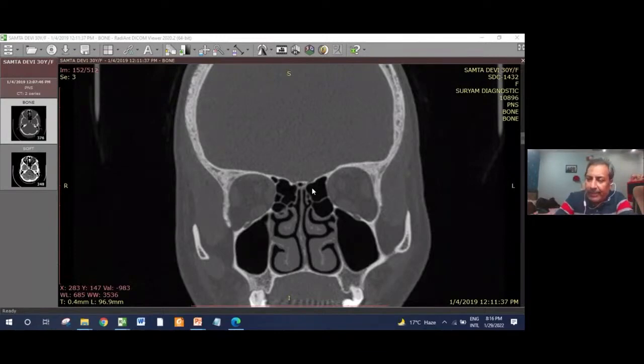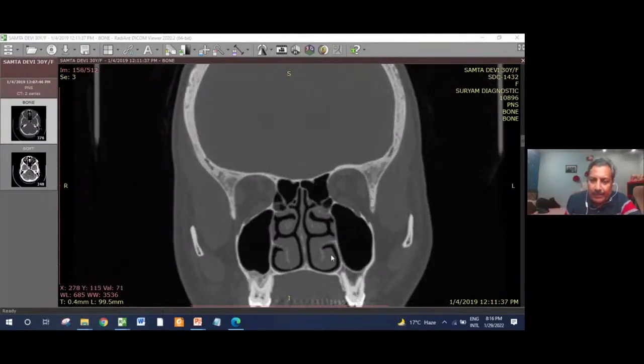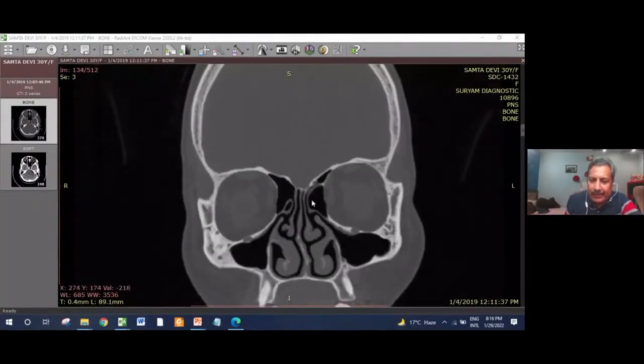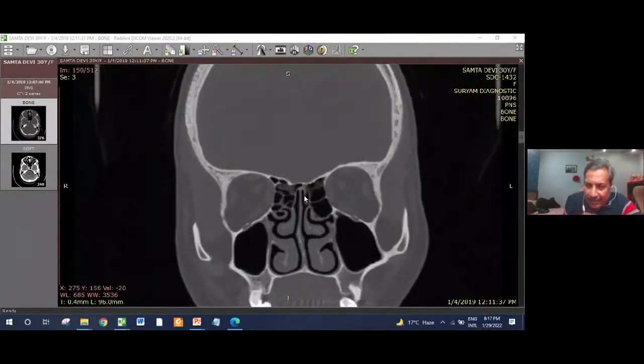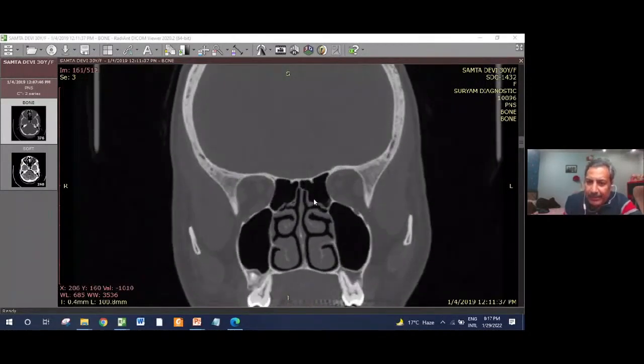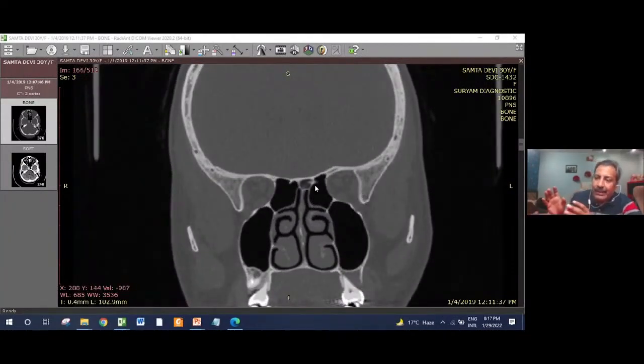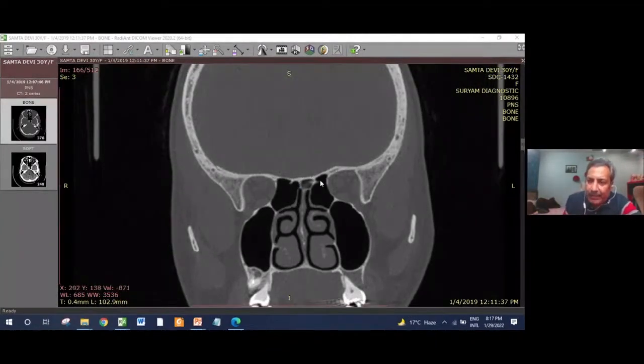I've been fortunate to have attended his course, his private teachings even in Singapore, and that has made things much better. So this kind of teaching, dealing with each and every structure, so minute, some millimeter structure, in a fashion going from anterior to posterior in a three-dimensional way is important in carrying out a safe sinus surgery.